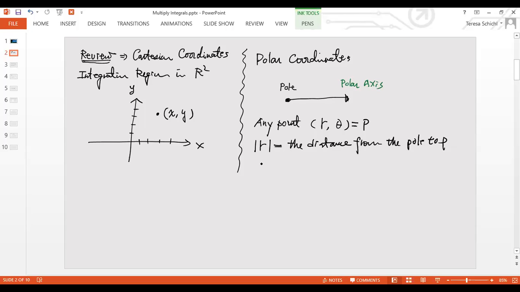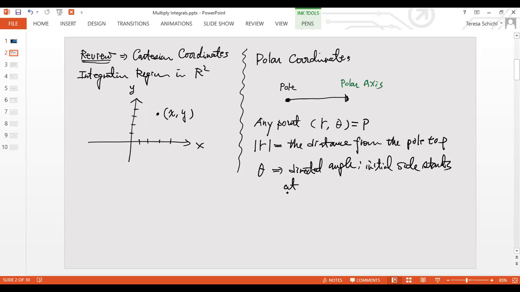And what is the angle theta here? This is a measure of the directed angle. That means this angle does have a direction, right? So it's counterclockwise, and the initial side starting at the polar axis.